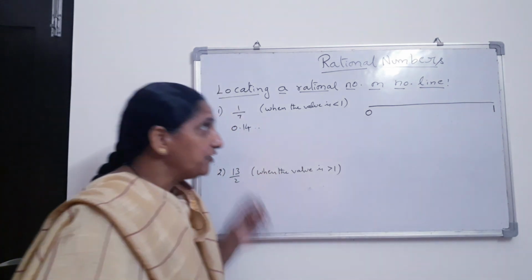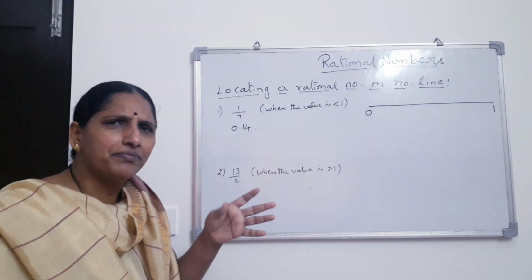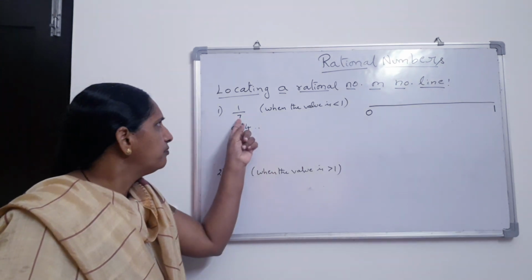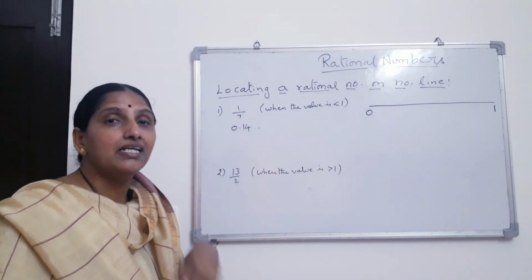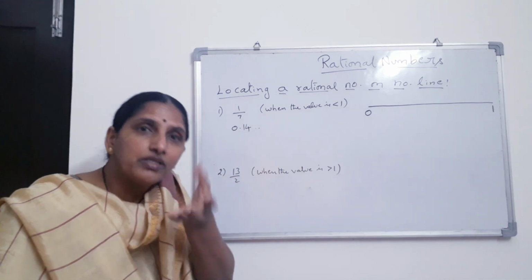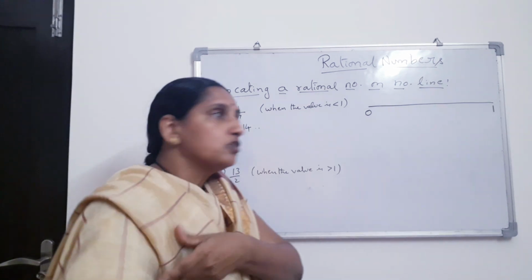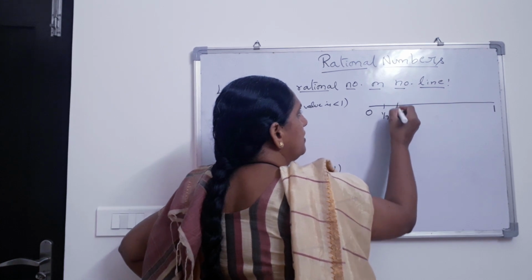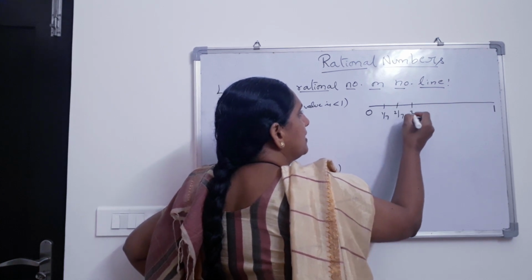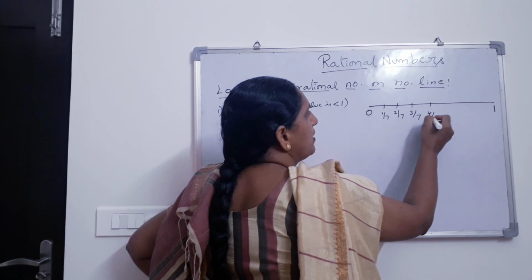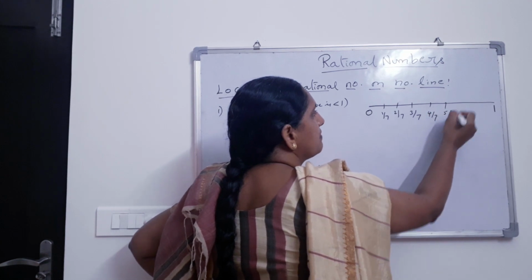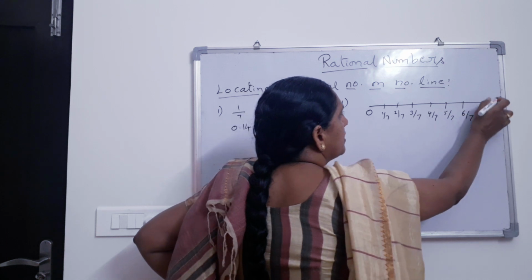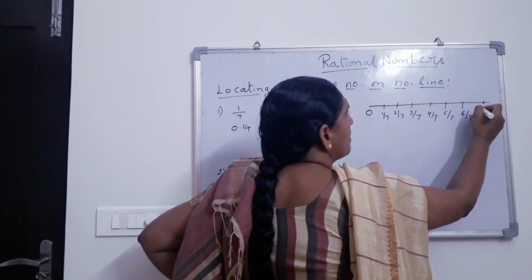Okay. So now very simple. It is very easy if you just pick up the points. 1 by 7, it is something like dividing into 7 parts. So every value, I can write it as 1 by 7, 2 by 7, 3 by 7, 4 by 7, 5 by 7, 6 by 7, and this is 7 by 7.